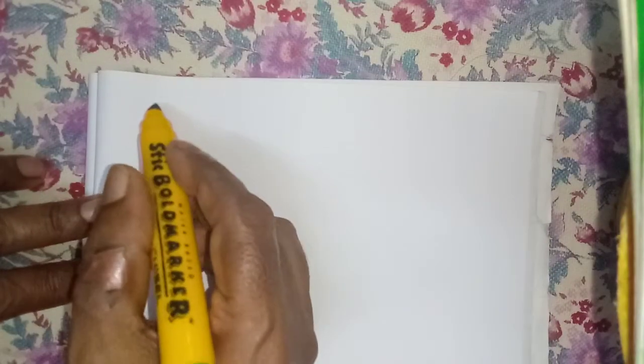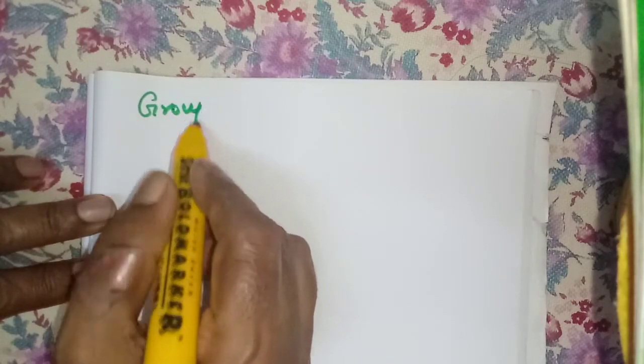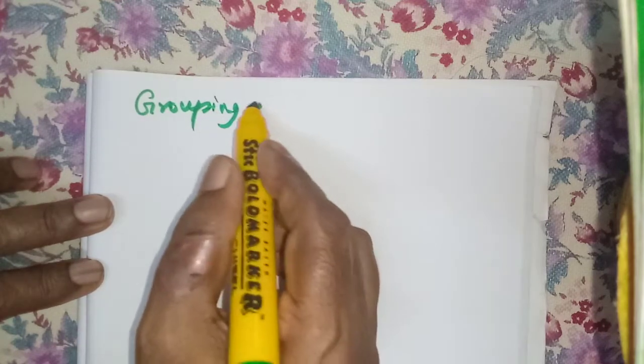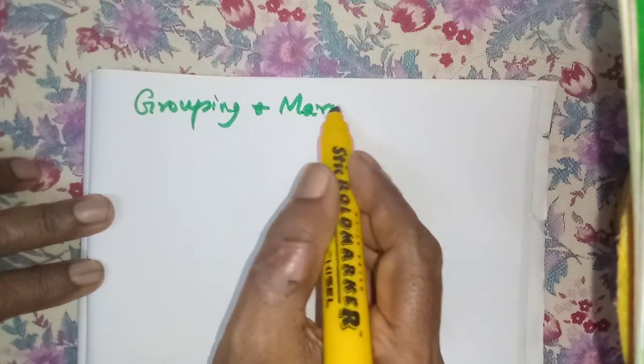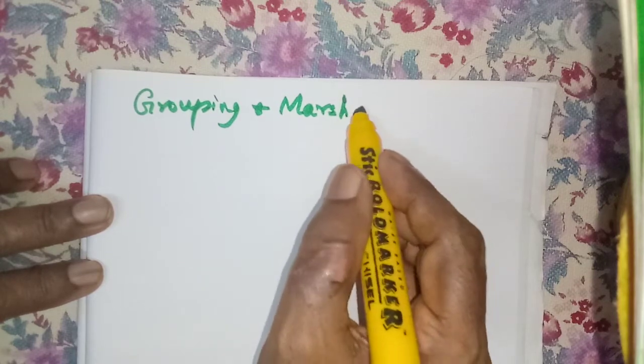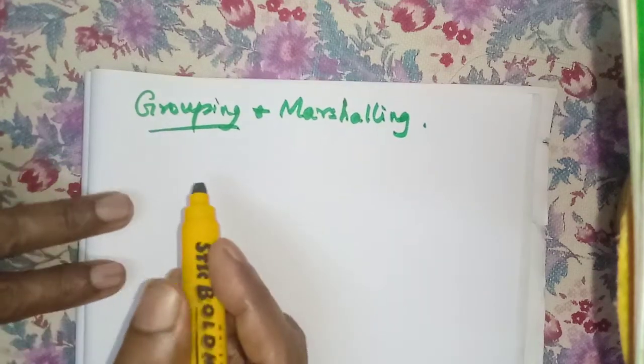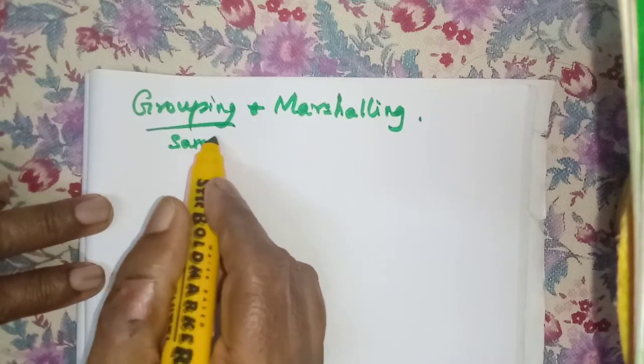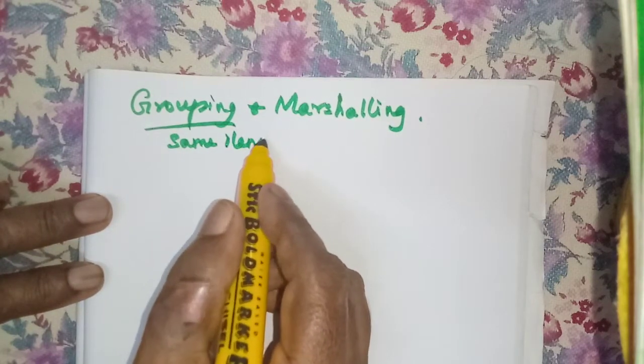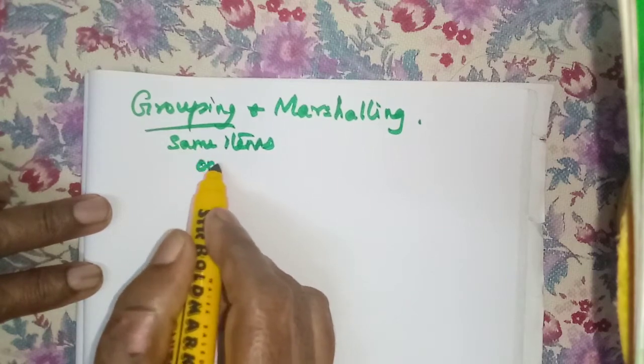Now, how to group? Here two words you have to write: grouping and marshalling of assets and liabilities. Grouping means grouping of the same items under one head.